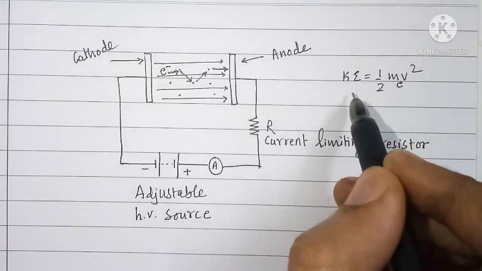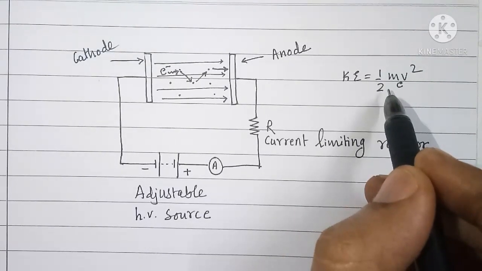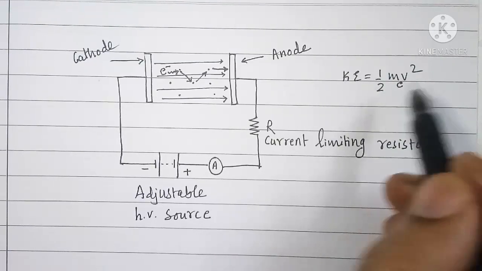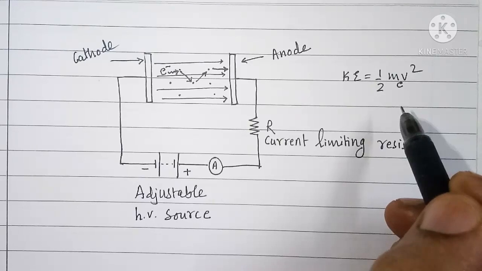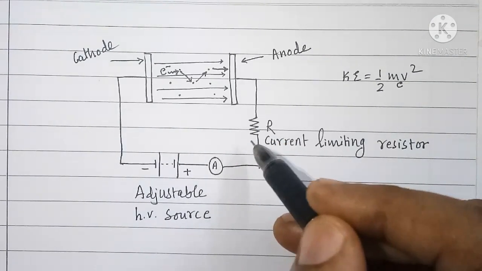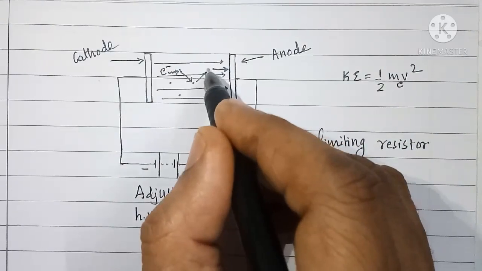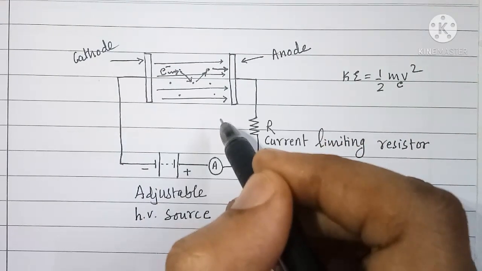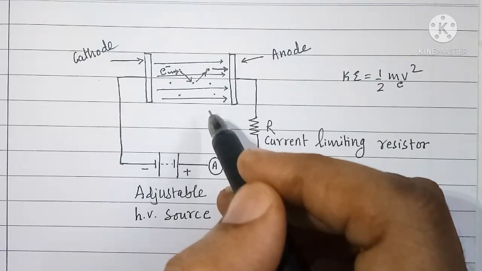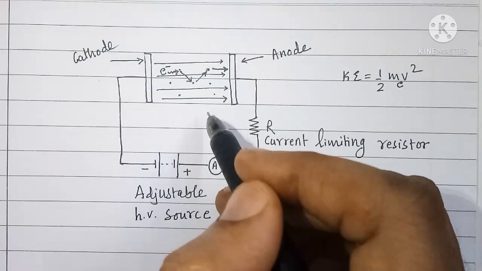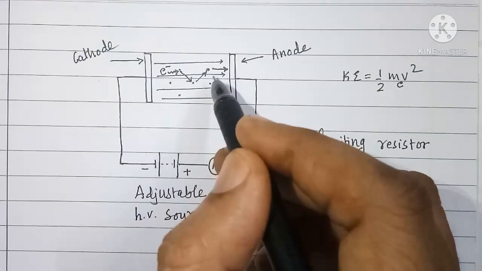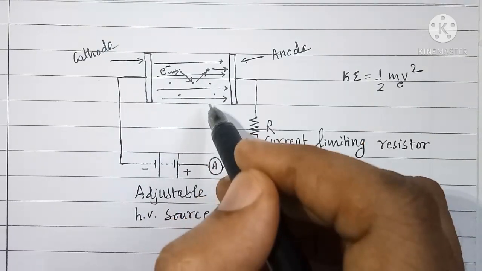So if the kinetic energy gained by electron exceeds the ionization energy of the gas molecule with which it collides, then that particular gas molecule or atom will give out an electron, and that gas molecule or atom will become a positive ion.